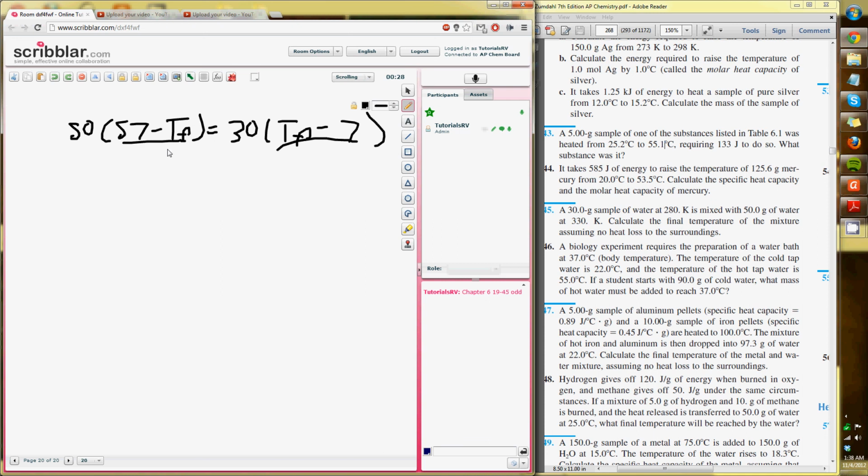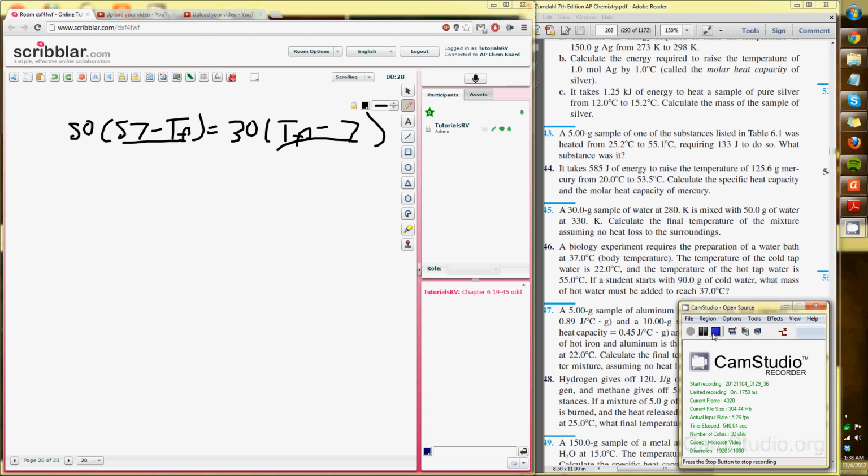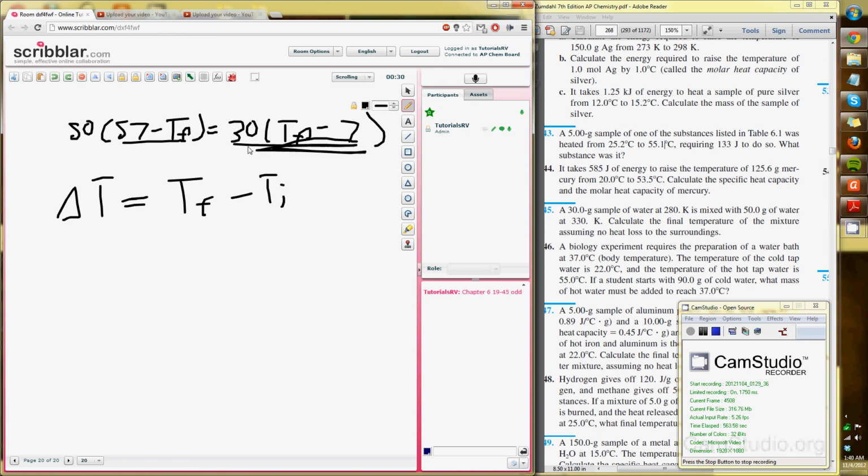So plug in 38.25, and you kind of get the picture of it, because delta T is equal to the difference in temperature. Usually delta T is T final minus T initial, and that's the case for this part, right? But it's not the case for this part. The reason for that is, as I said, the heat lost and heat gained.